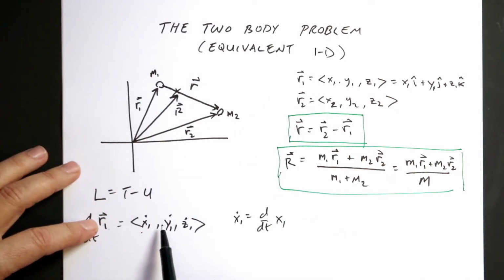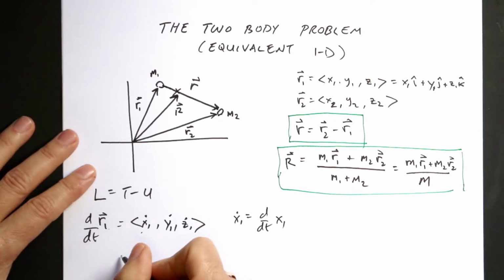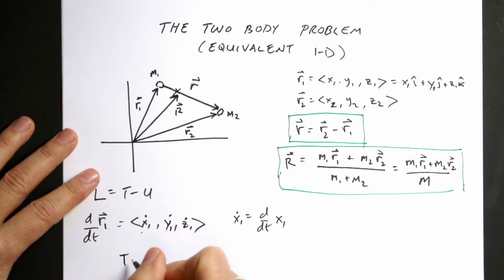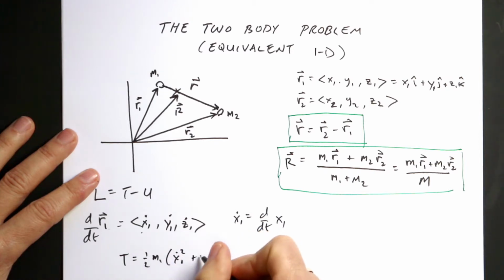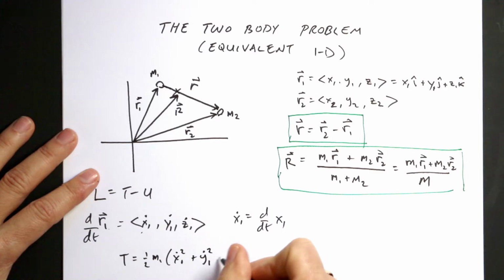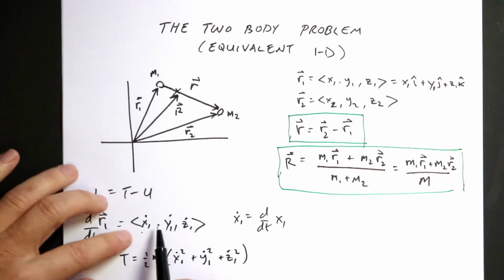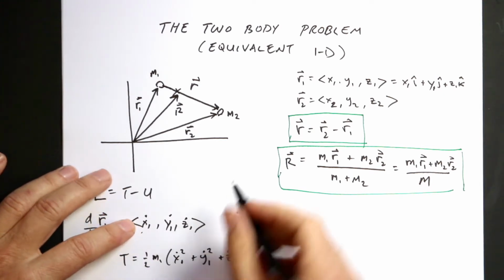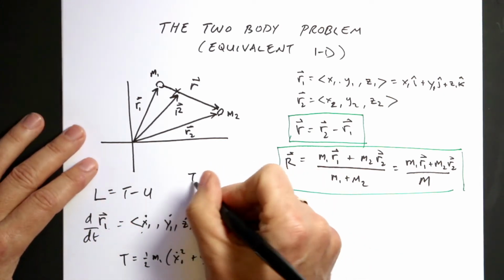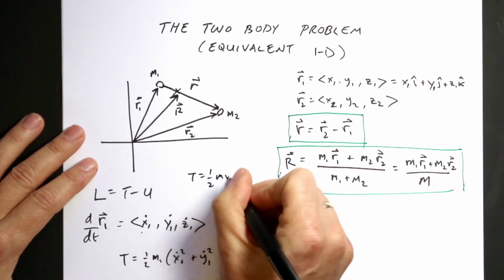So if I take the derivative of this position, I get this vector. And now I want to find the kinetic energy. So the kinetic energy of the system is going to be 1/2 m1 times x1 dot squared plus y1 dot squared plus z1 dot squared. Right, because I need to find the magnitude of this vector, and then square it, because kinetic energy T is 1/2 mv squared.